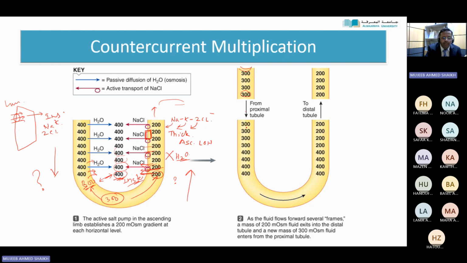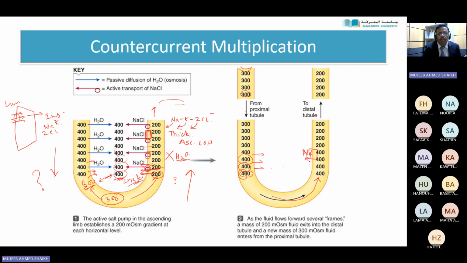When this plasma is filtered here, it will come down to the tip of the loop of Henle. And as it has hyperosmolarity in the interstitium, the water will move very fast and this will become a concentrated solution.